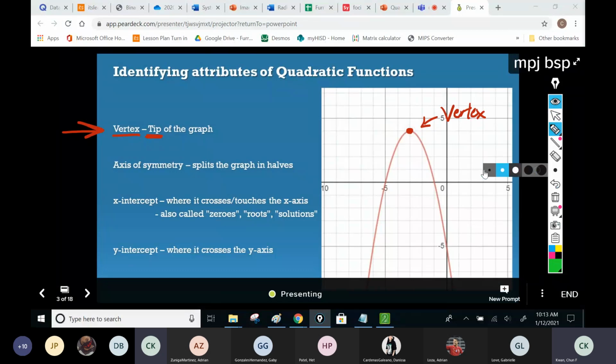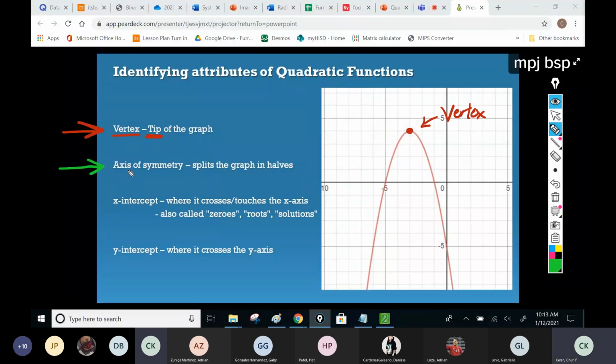All right, and then the second thing is the axis of symmetry. The axis of symmetry is the line where you can cut the graph in halves, right here in the middle. So this line right here in the middle will cut the graph in halves, and we'll call it the axis of symmetry.